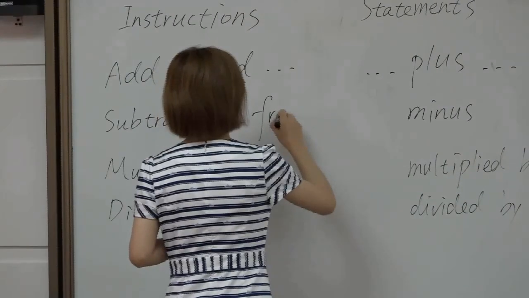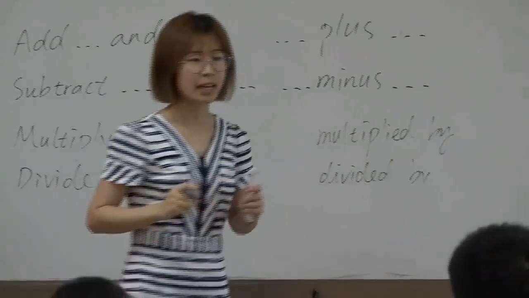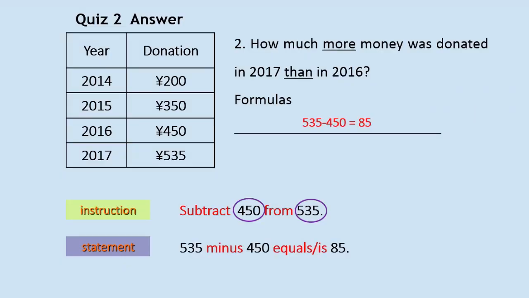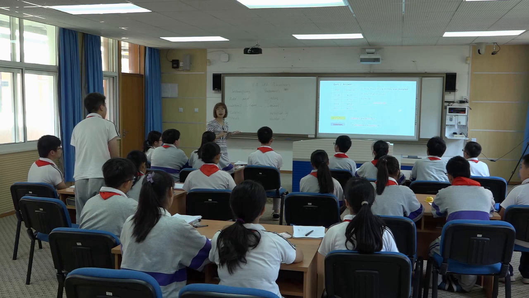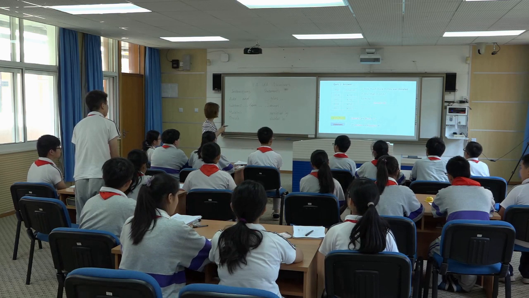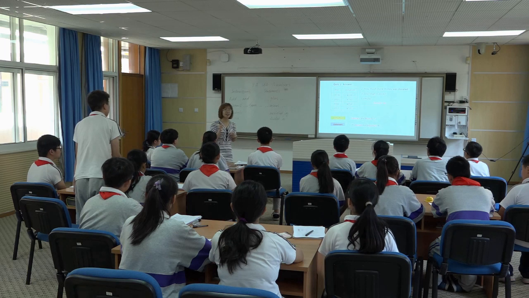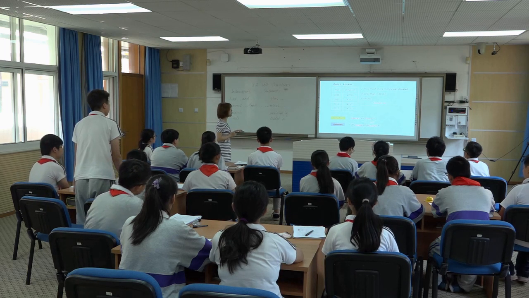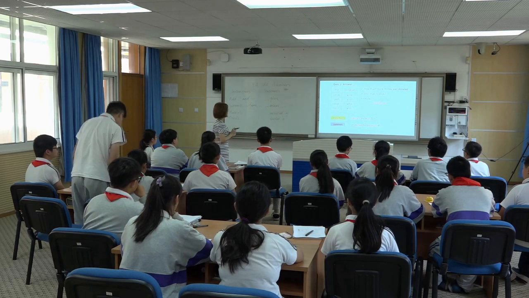You say subtract from and A minus B. But why did you say the smaller number first and the bigger number after that? Because is that the same in instruction and statement? No, they are different. The position of the two numbers, they change. Very good. Sit down, please.